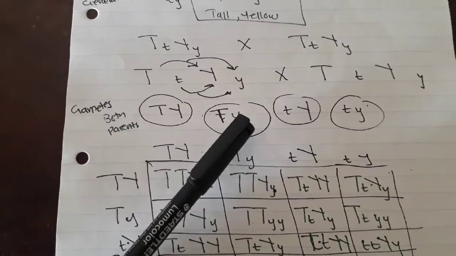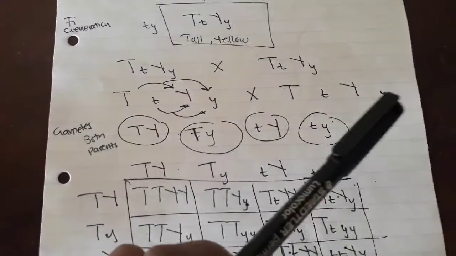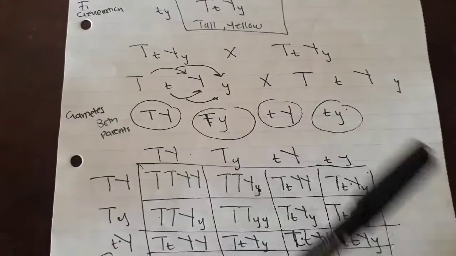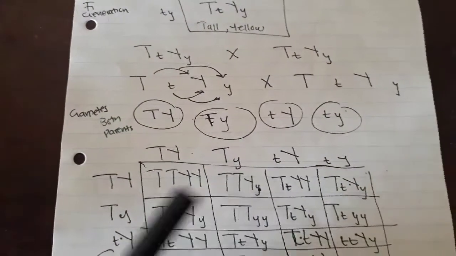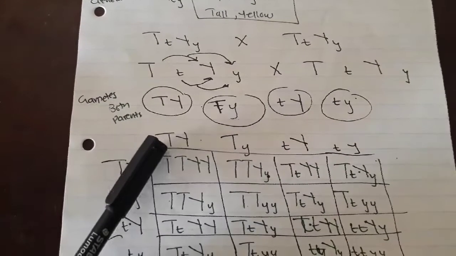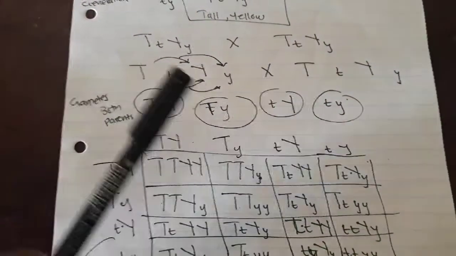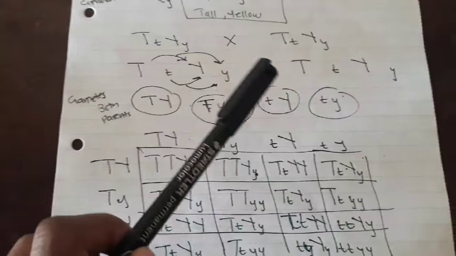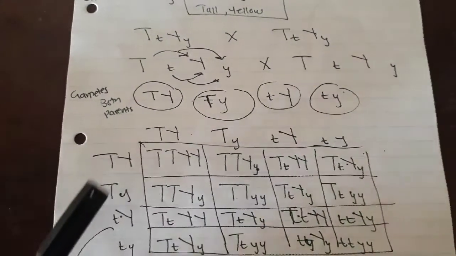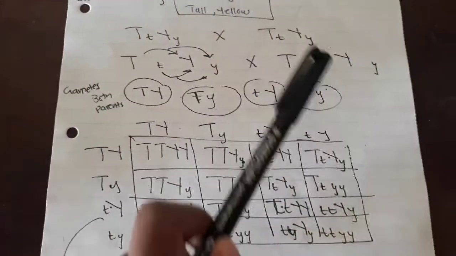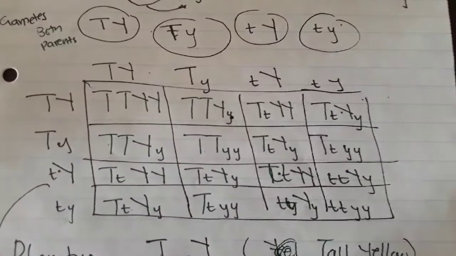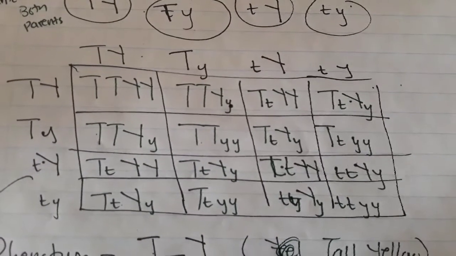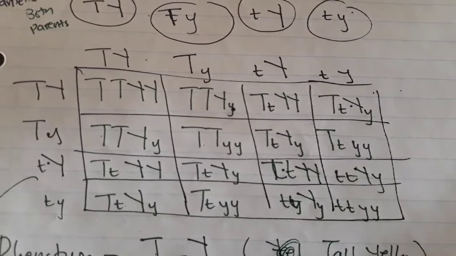These are the gametes that we get for one parent, and since they have the same genotype, these are the gametes that we will get for both parents. So to get the genotype of the F2 generation, we cross the gametes of one parent with the gametes of the other parent.